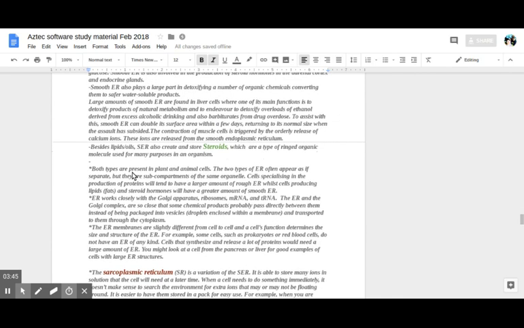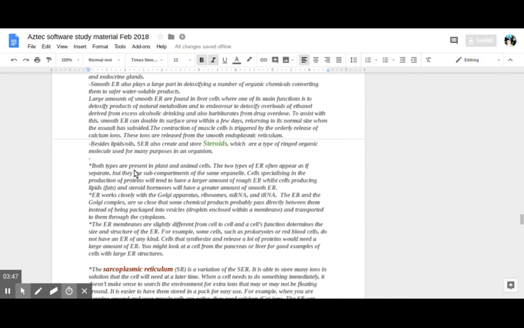Smooth ER also plays a large part in detoxifying a number of organic chemicals, converting them to safer water-soluble products.